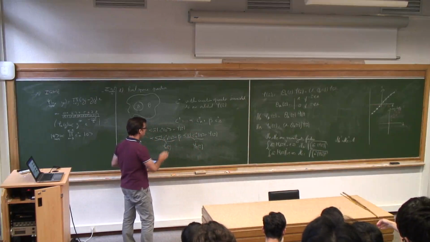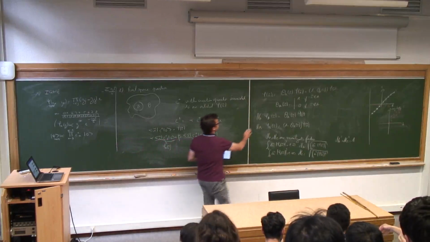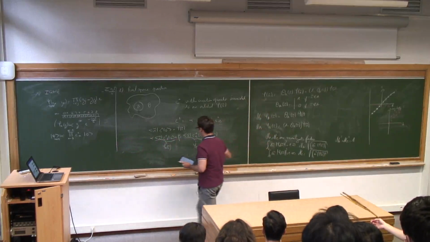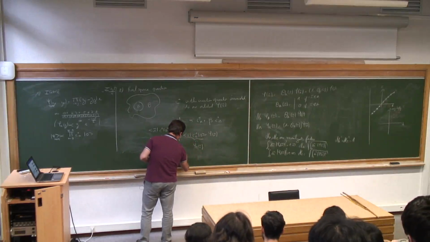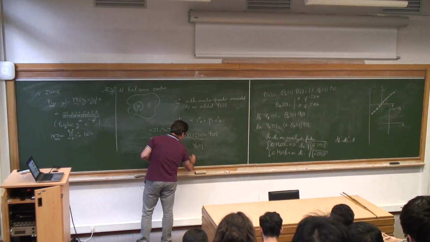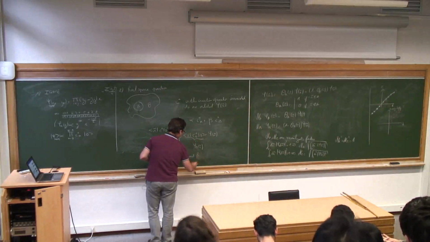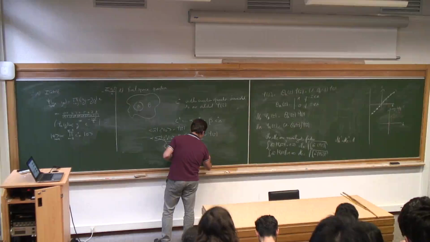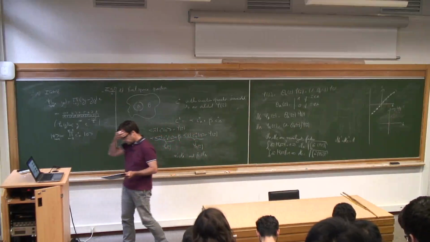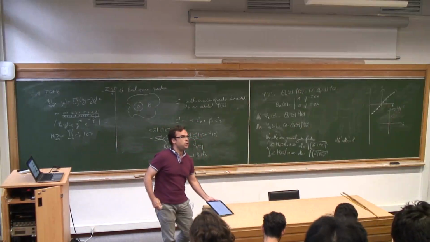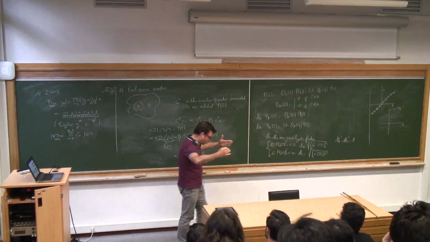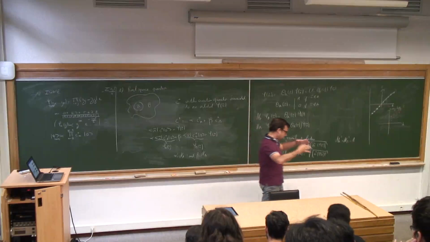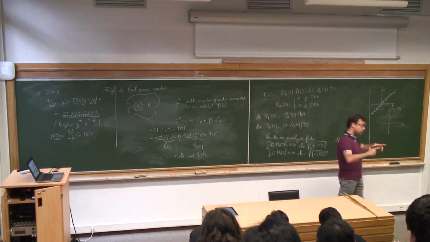Just by comparing this formula here and this one, you get that alpha is equal to NA and beta is equal to NB. So we have a generic way to decompose when you look at one orbital and you want to do the real space cut.